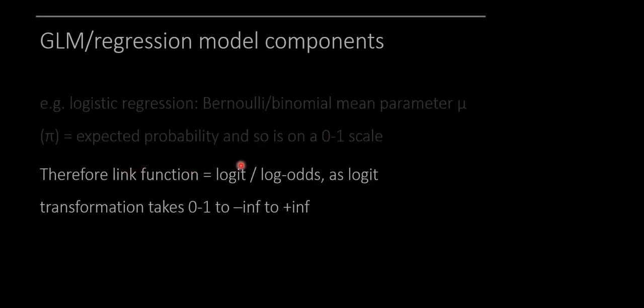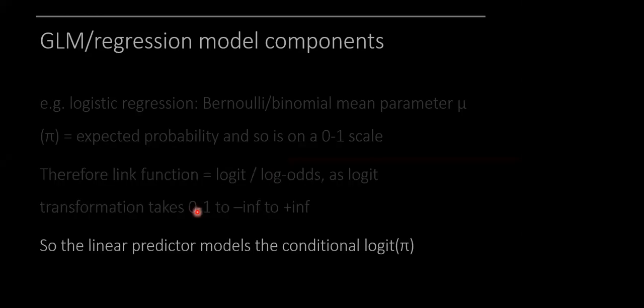So then we have to use an explicit link function. In the typical logistic regression case, we use the logit or the log odds. That takes the mean parameter from the 0 to 1 scale to the negative infinity to positive infinity scale, and then we're good to go. It's then not possible for the linear predictor to predict values of the mean parameter that aren't possible.